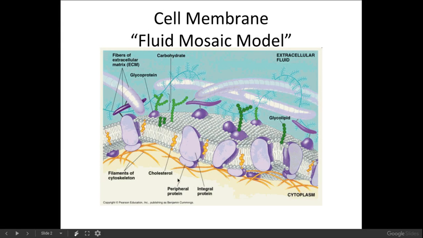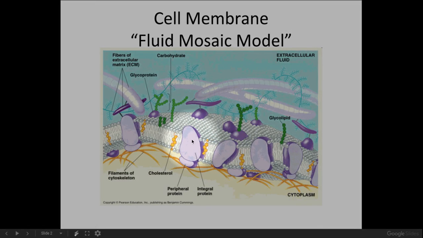So this is a typical representation of part of a cell membrane. Now, when we look at proteins, there are two different types of proteins. We have an integral protein, which we can see extends to the outside and to the inside of a cell membrane. So the outside of the cell and to the inside of the cell.